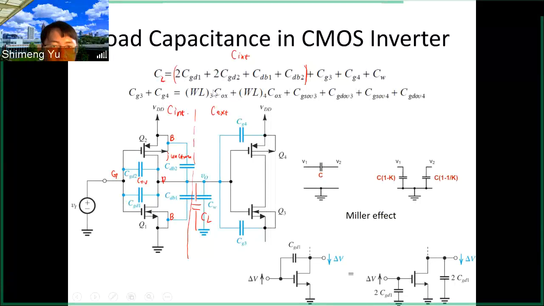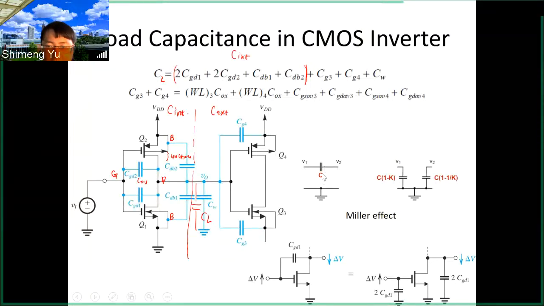And here a special note is that in front of the CGD, we have a factor of 2. This is due to the so-called Miller effect. That is when we decouple a capacitance from the input to the output.